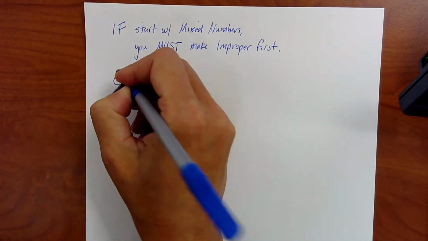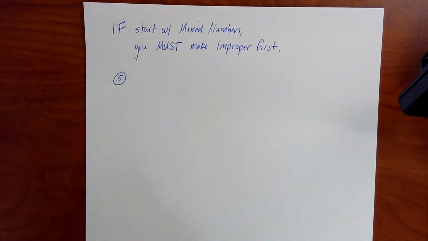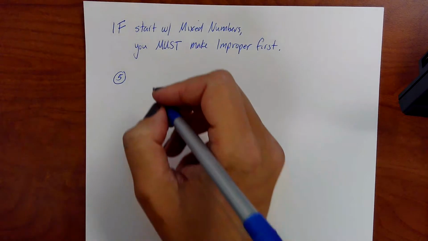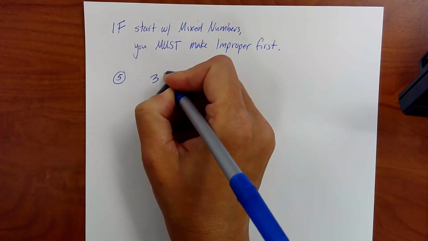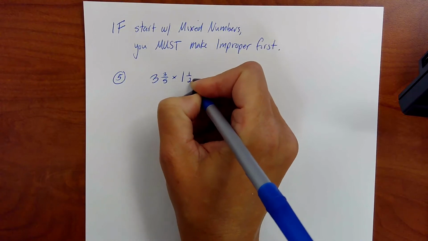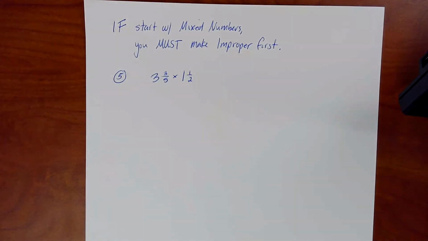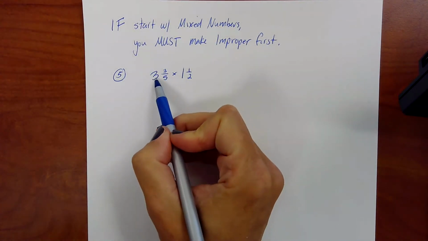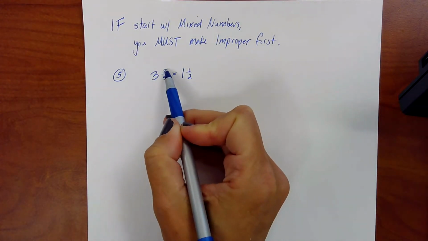I'm up to number 5 here. So let me give you a problem. Like 3 3/5 times 1 1/2. Okay, before you start doing anything, you have to make those improper. So you take the whole number times the denominator, add the numerator.